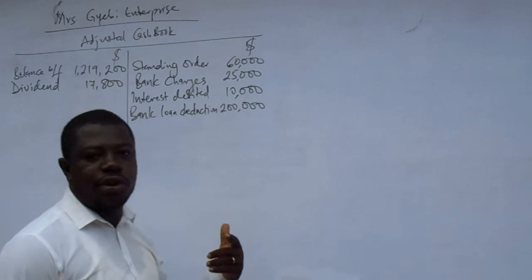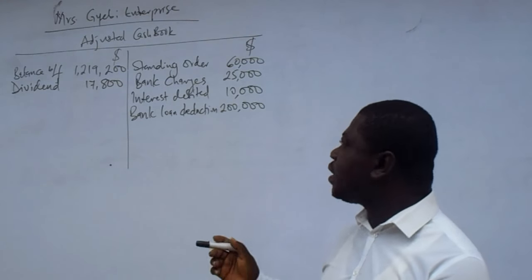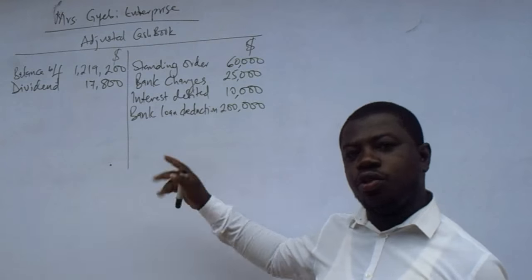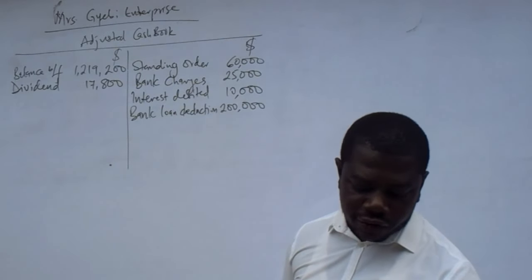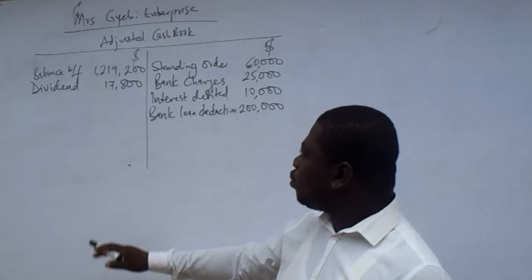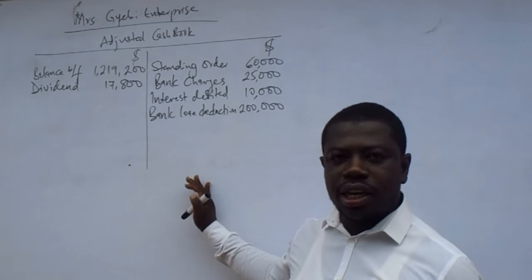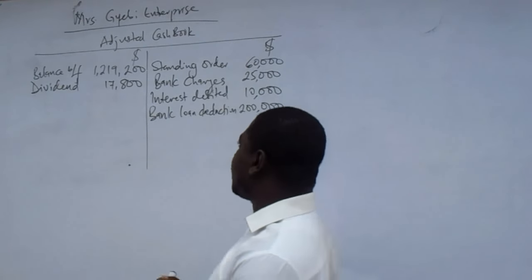And we know from correction of errors that when you overstate an account, you record at the opposite side of the balance to cancel off the overstatement. And so this is an overstatement on the cash book, $45,000. So we are going to credit the cash book so that the overstatement of the balance will be cancelled.